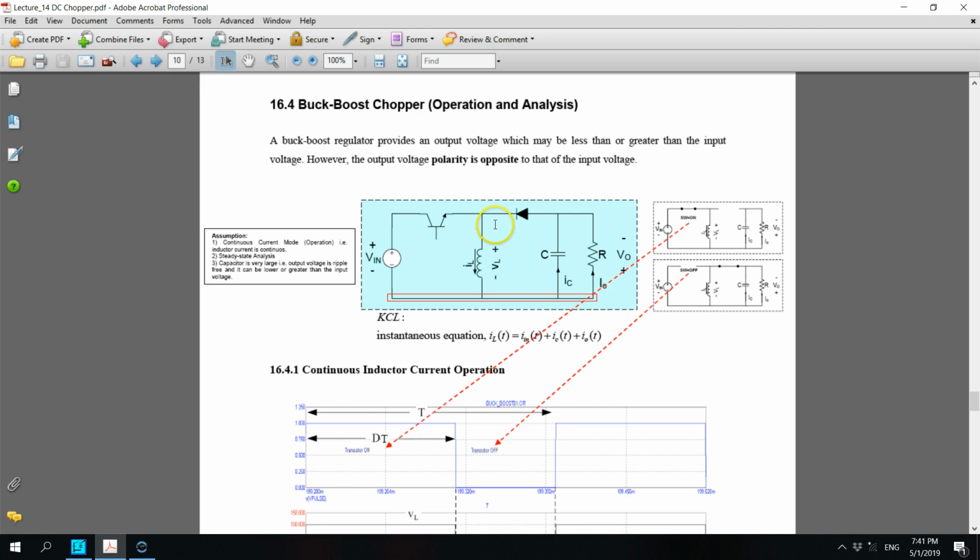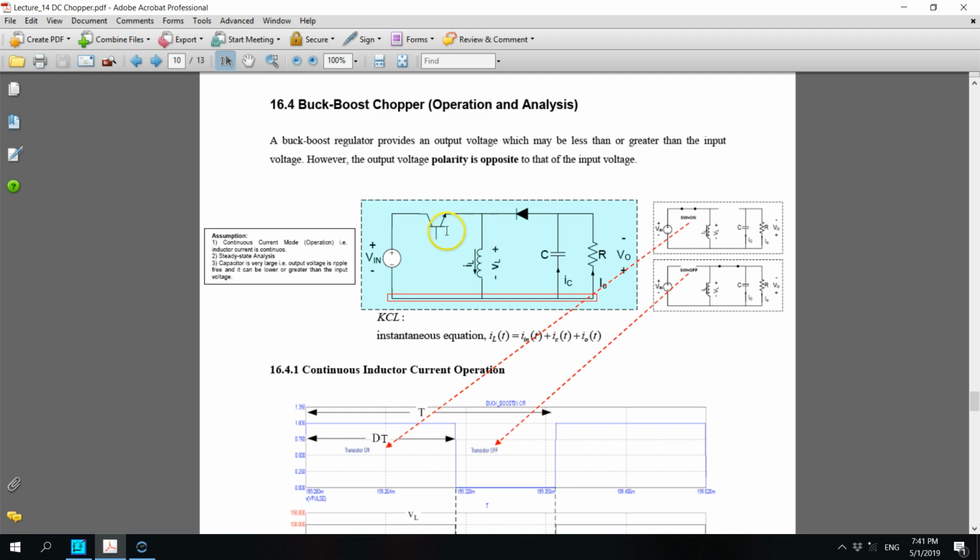This is the important note: the instantaneous equation is that the inductor current equals the input current that flows out of this node, plus the capacitor current IC and the output current I0.